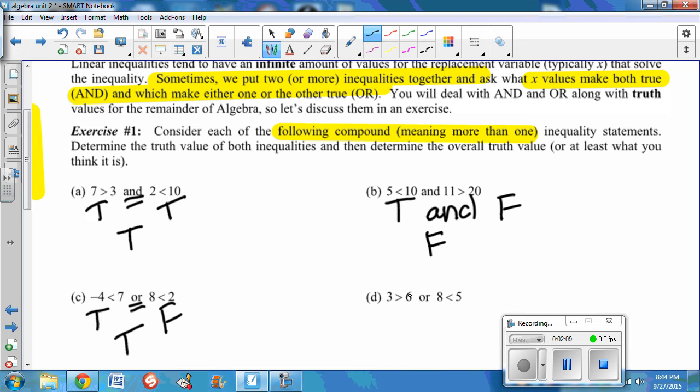Part D: 3 is greater than 6. We know that's false. Our connector is "or." And 8 is less than 5. We know that's false. If we have a false or a false, it's still making that whole statement false.